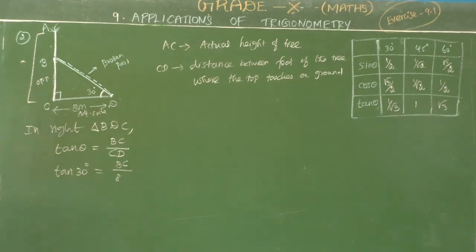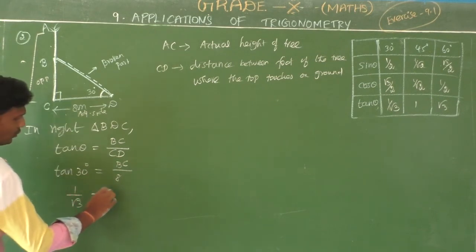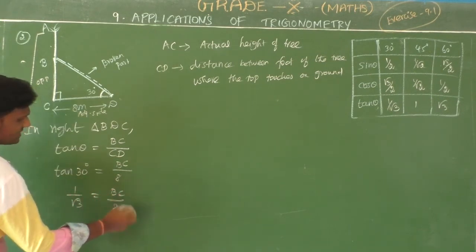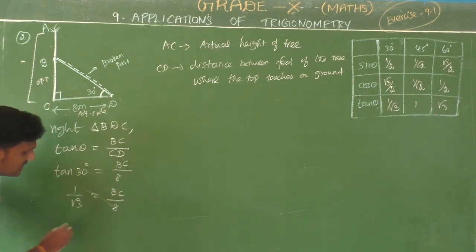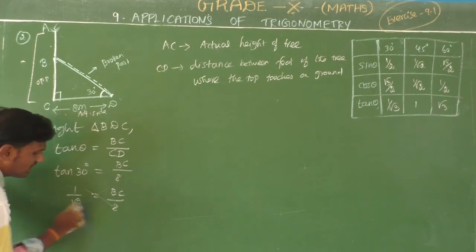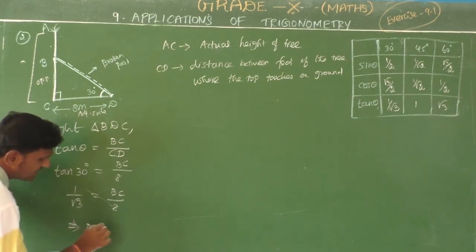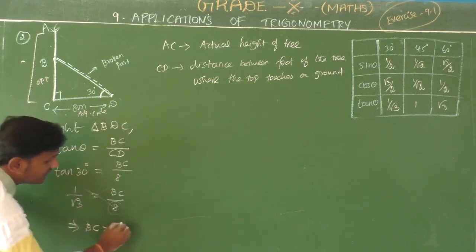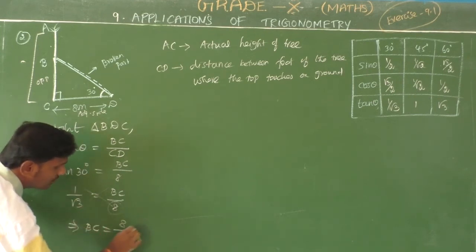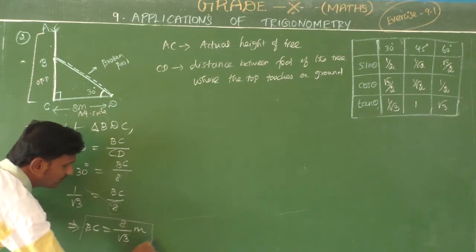And tan 30 degrees you already know is 1 by root 3. So 1 by root 3 equals BC by 8. Now I am going to cross multiply, since I need only BC. The 8 divided moves to the other side and multiplies. So BC is 8 by root 3 meters.